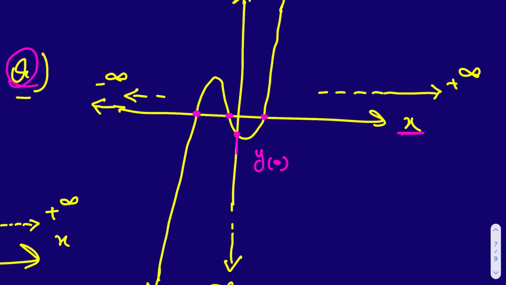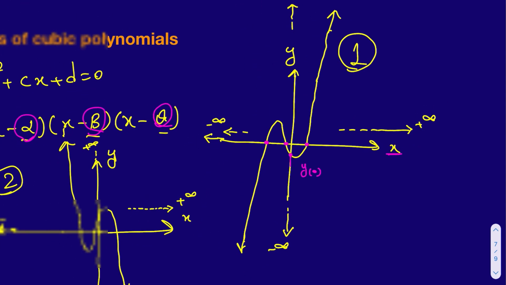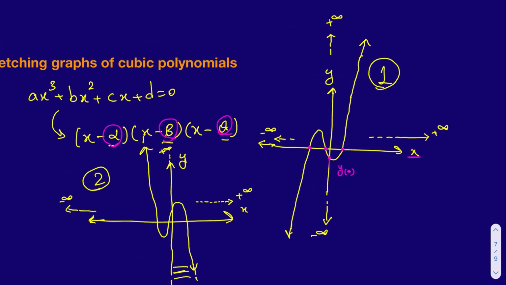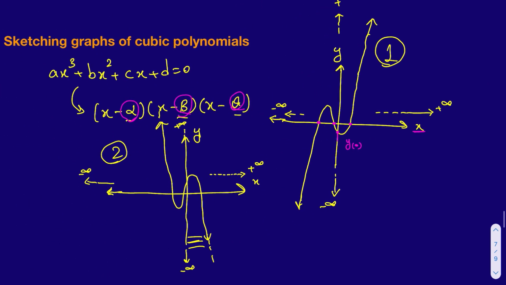And also the third one, we need to check whether x and y both approach positive and negative infinity, in which case it will be shape number 1.